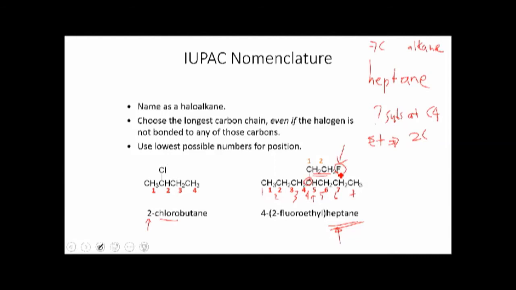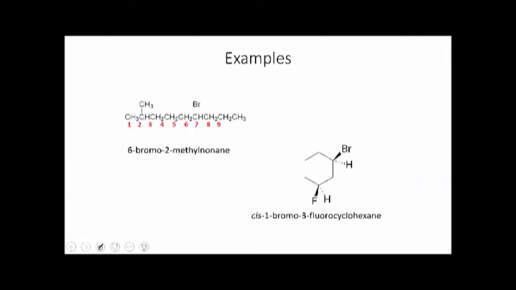Because you number the ethyl 1 and 2, the fluoro is attached to carbon 2. So its full name shall be 4-(2-fluoroethyl)heptane. This is an additional example with a longer chain, a nonane with 9 carbons.